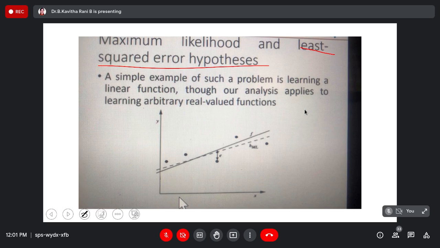Okay. So here a simple example of such a problem is learning a linear function. Our analysis applies to learning arbitrary real valued functions. Take one simple example. Consider a salesperson who comes to service Eureka Forbes, that is a water purifier.